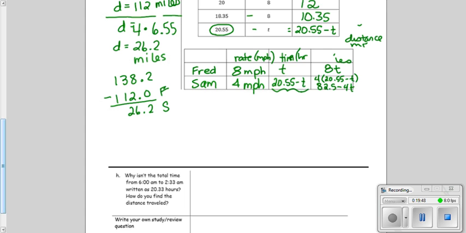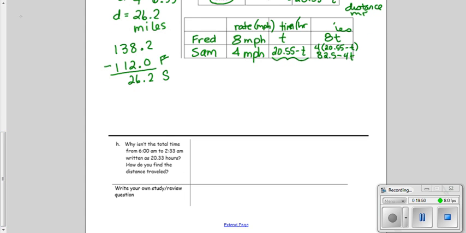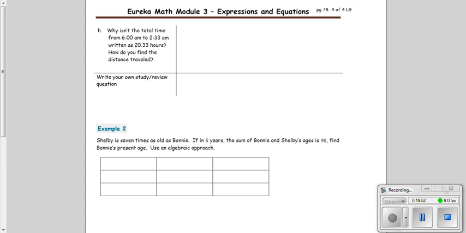Next, this is on your next page here. Why isn't the total time from 6 a.m. to 2:33 a.m. written as 20 hours and 20.33 hours? Well, 20.33 represents 20 hours and 33 hundredths, and that 100 would mean that there are 100 minutes in one whole hour.